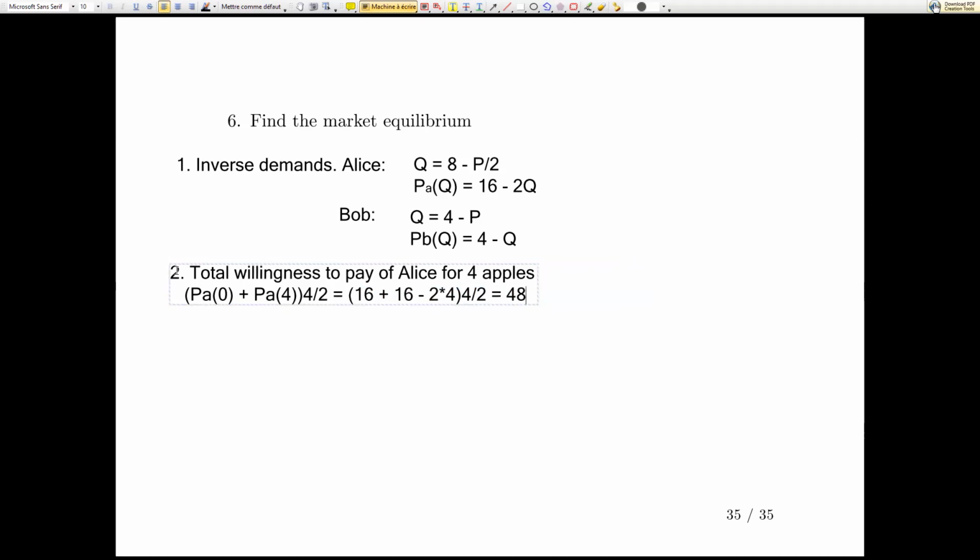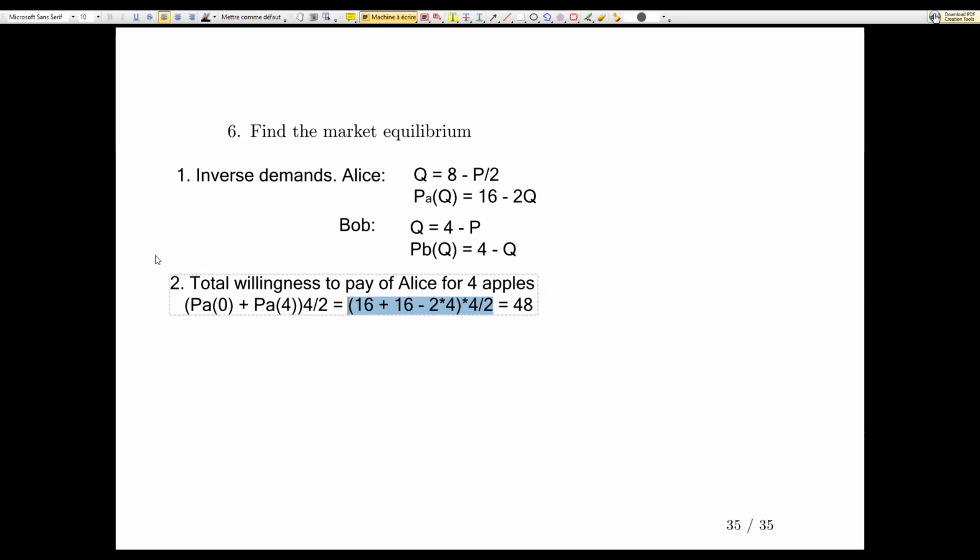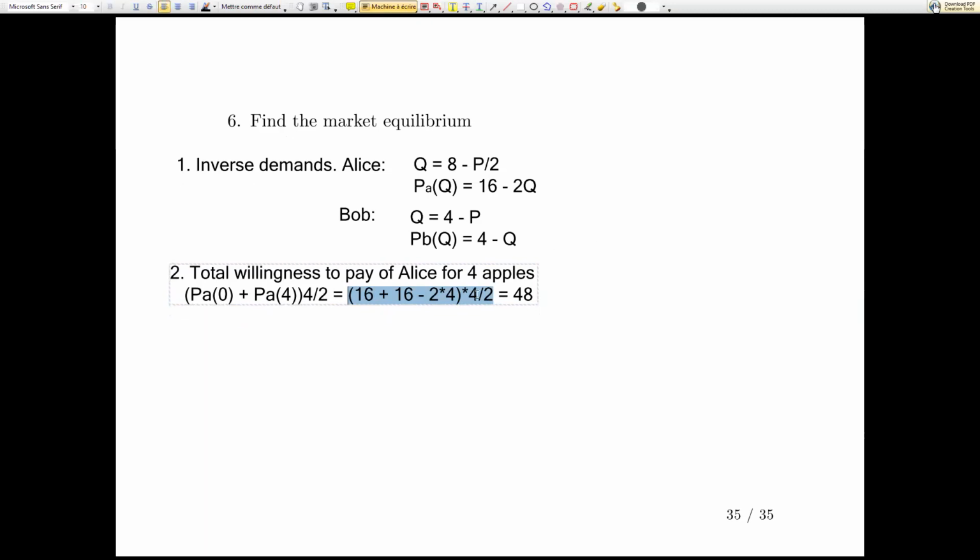I think it's 48. You can compute it quickly, and yeah, that's 48. Google tells me it's 48.